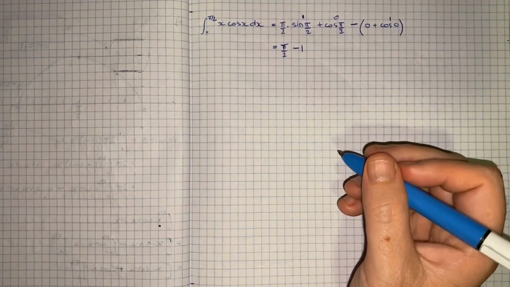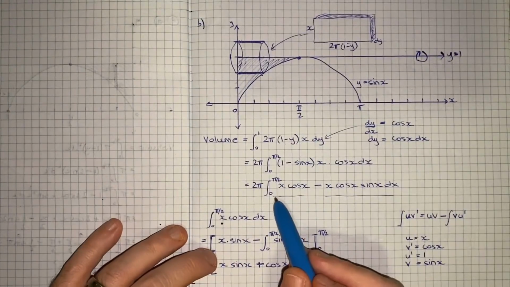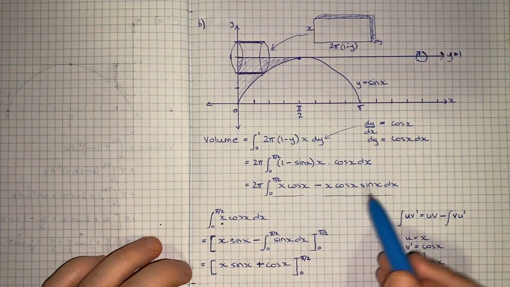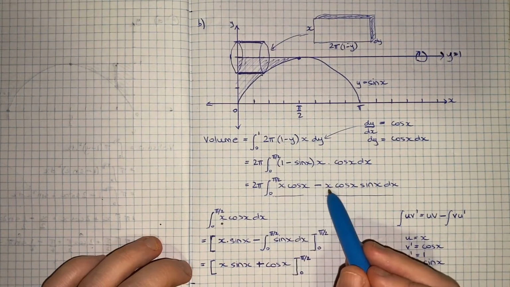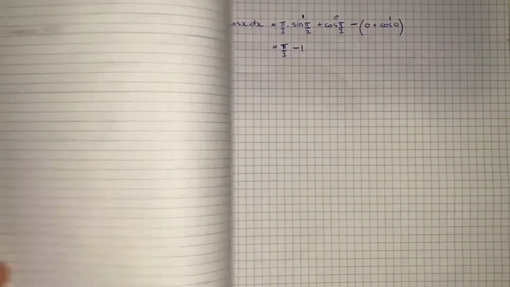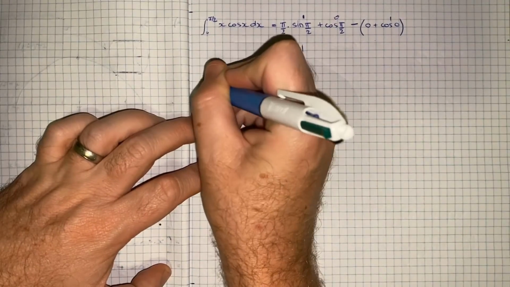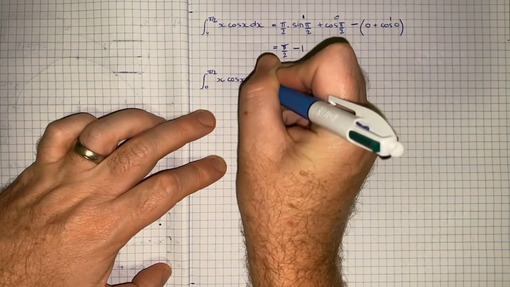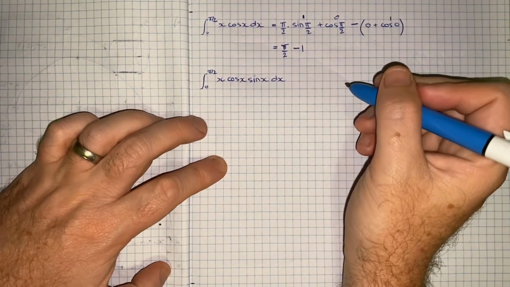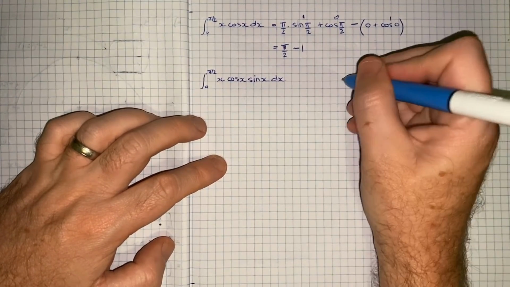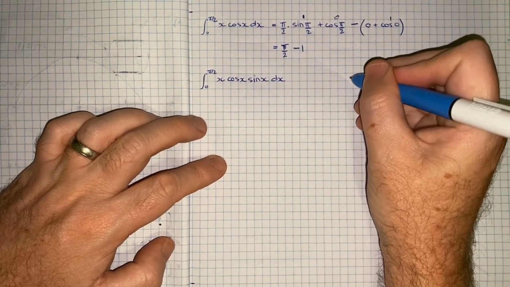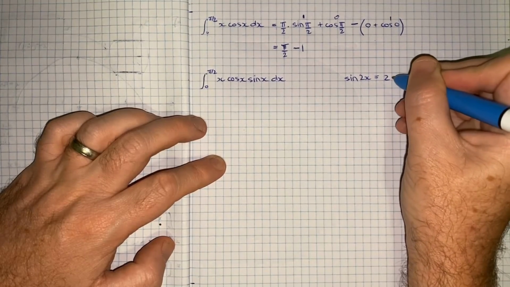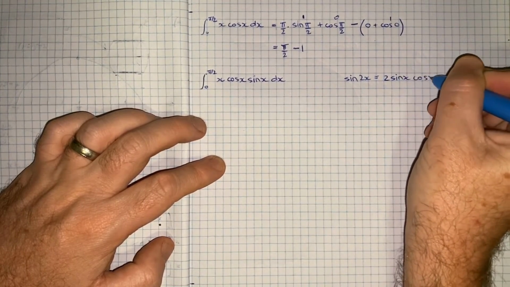Now that bit is just the first part of this integral. So now we're going to do the next part of the integral. So we're going to look at the integral from 0 to pi on 2 of x cos x sin x dx. And I'll just note off to the side, what's going to help us here is that we know sine 2x is equal to 2 sine x cos x.